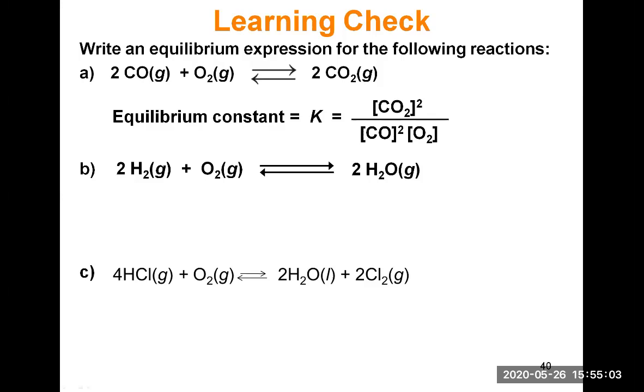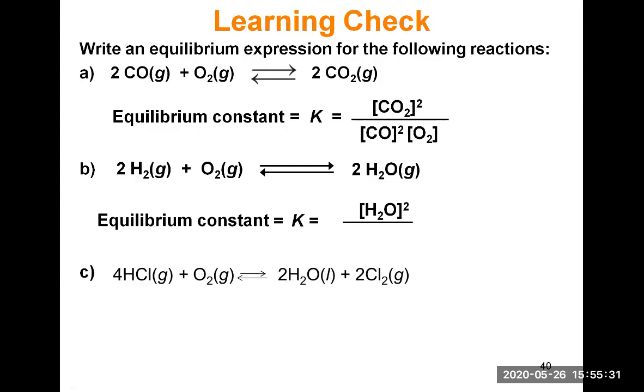Let's look at the second example. 2H2 gas plus O2 gas are in equilibrium with 2H2O gas. So the equilibrium constant will look like this. You take the concentration of the product, and here H2O is the product. So it will be H2O, and it will be squared because we have a coefficient of 2 in front of H2O.